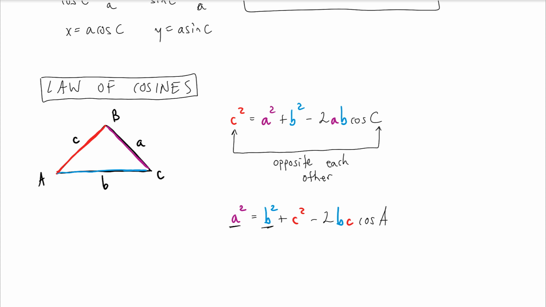It requires that you know all three sides, because then you can solve for the angle, or you have to know two sides and the angle that's between them. So if I know angle A, then I have to know the sides on either side of the angle. I have to know the sides that make up that angle, that create the angle.